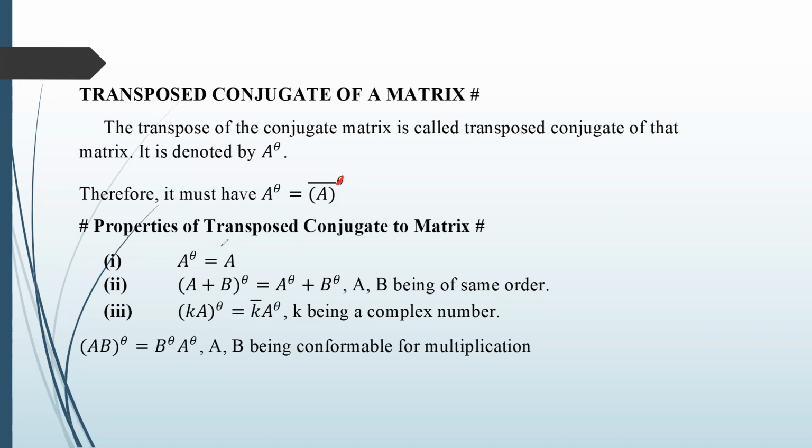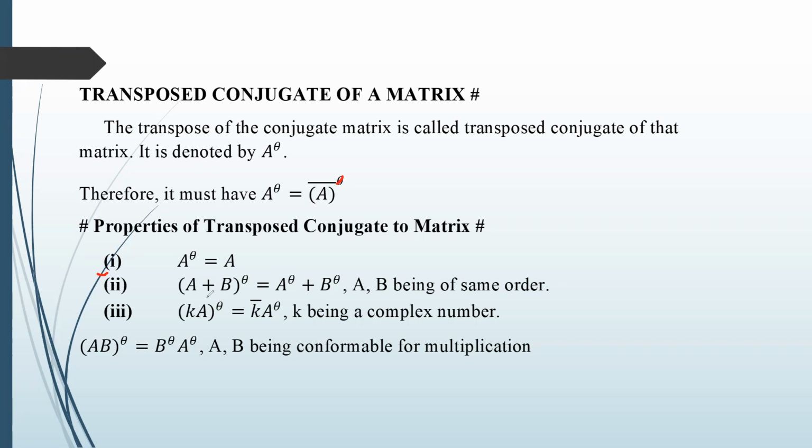Properties of the transpose conjugate of a matrix. First, the transpose conjugate of the transpose conjugate of A is equal to A. Second, the transpose conjugate of A plus B equals the transpose conjugate of A plus the transpose conjugate of B, where A and B are of the same order.